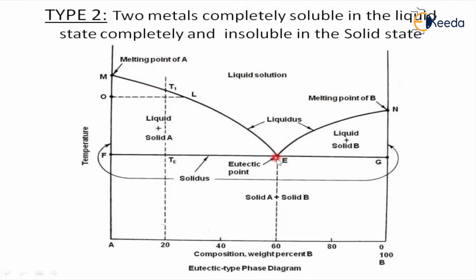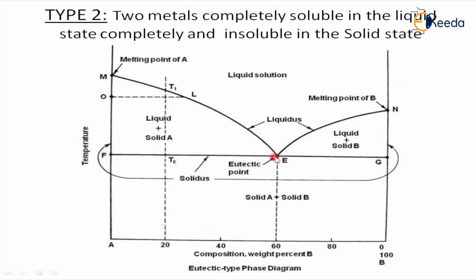Eutectic point means the point at which the liquid converts into two solids, that is solid A and solid B. So if you write an equation, liquid gives solid A plus solid B. The temperature at which the eutectic point exists is represented as the eutectic temperature.